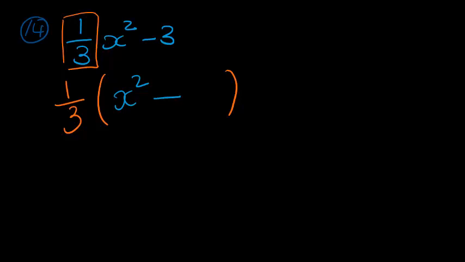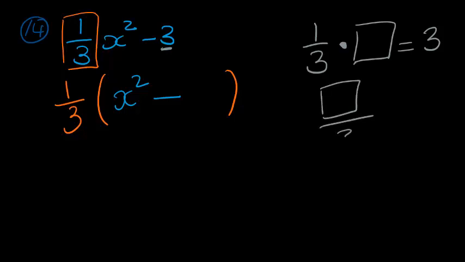Now, how do I find the last term? Basically what we are doing is we're saying 1 over 3 multiplied by an unknown number needs to give us 3 as an answer. This 3, right? So 1 over 3 times what is equal to 3. Remember, 1 over 3 is division. So what we're saying is what divided by 3 is equal to 3.